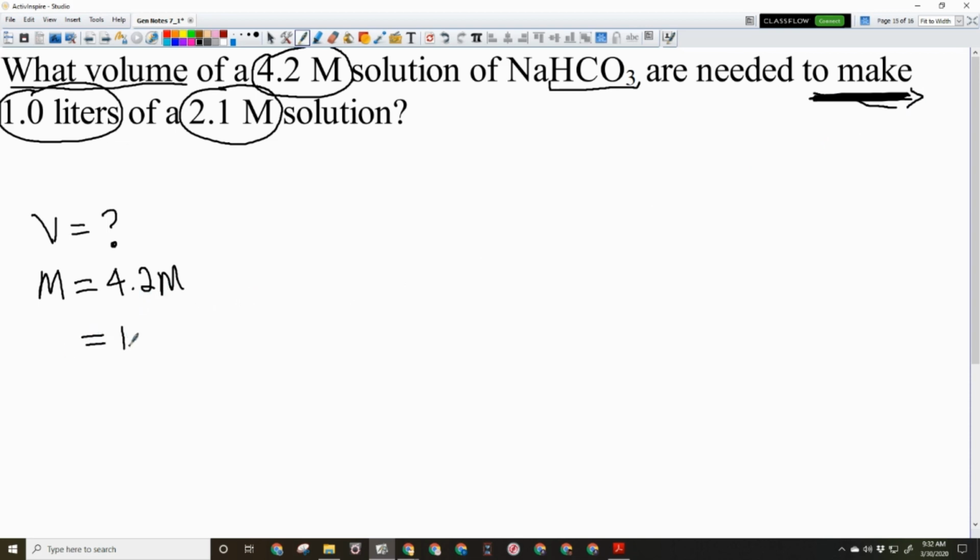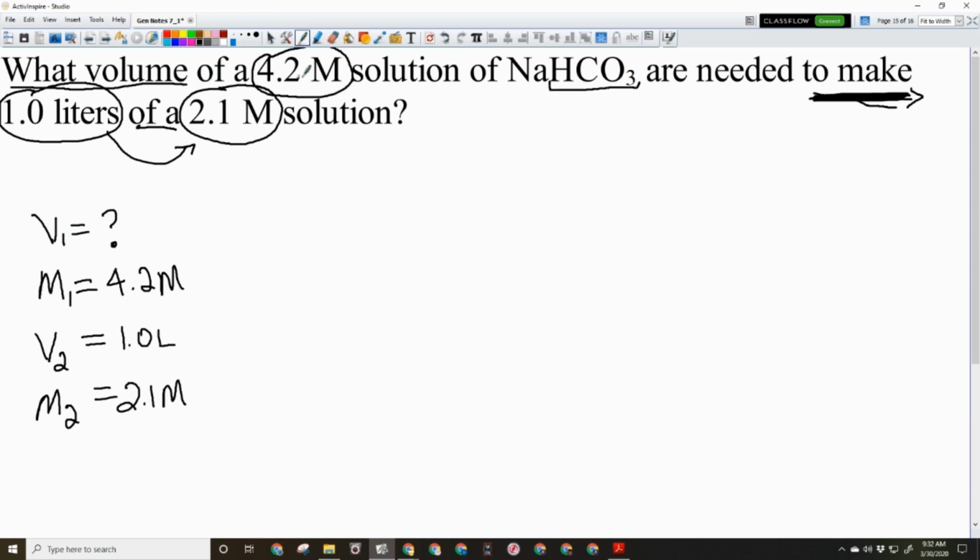So we have 1.0 liters, that's a volume, and it's to make, future, so that's going to be 2. That's what we're going to be ending with. 2.1 molar, that's a molarity, and that 2.1 goes with the 1 liter, so these go together. So this is the concentration, this is the volume. All right, so this must mean that's an M1 and that's a V1.